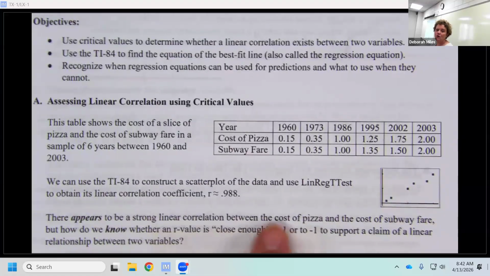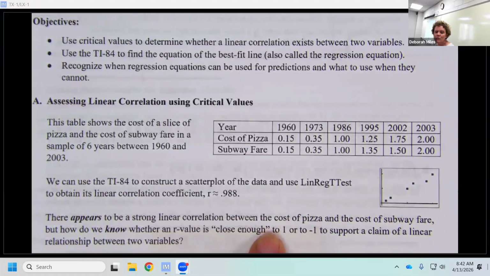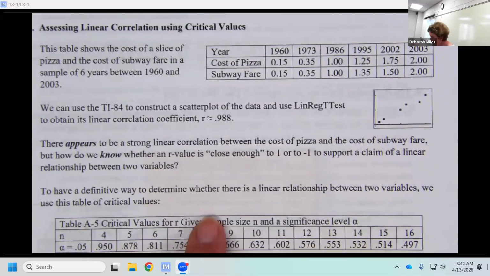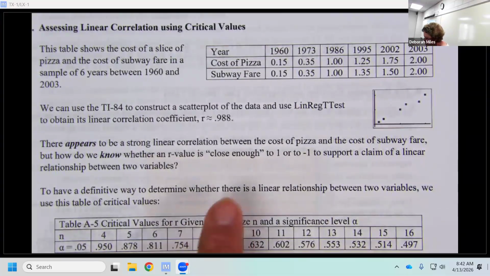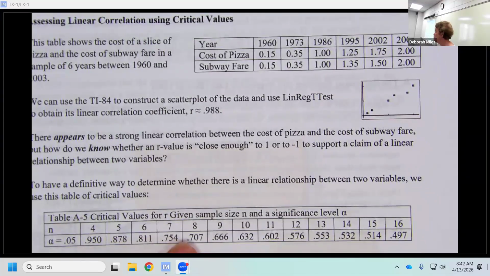There appears to be a strong correlation, but how do we know whether an R value is close enough to either +1 or -1 to support that claim that there is a linear relationship? Well, to have a definitive way, we will use this table of critical values.